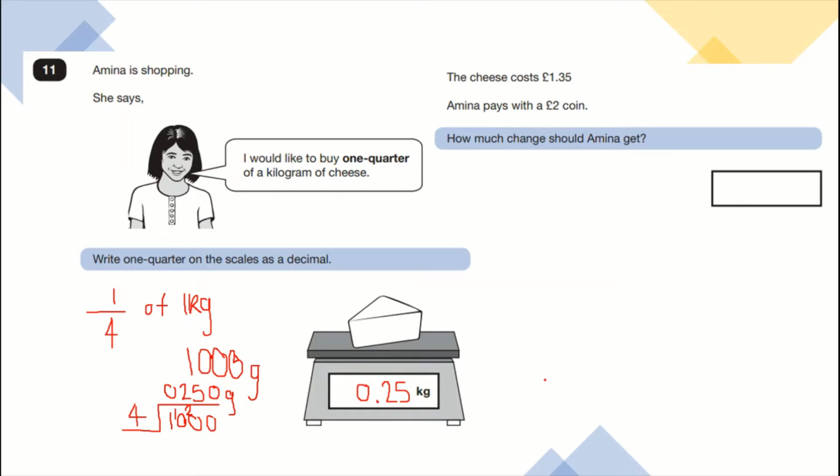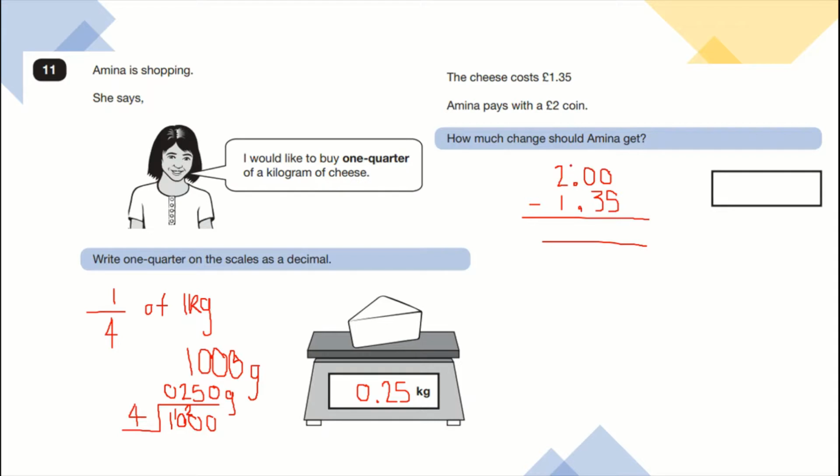Now the second part of the question says, the cheese costs £1.35. Amina pays with a £2 coin. How much change should Amina get? So we're doing £2 minus £1.35. So 0 minus 5, we can't do that, so we're borrowing from the next number along, and that's a 0, so you have to borrow from the next number along.